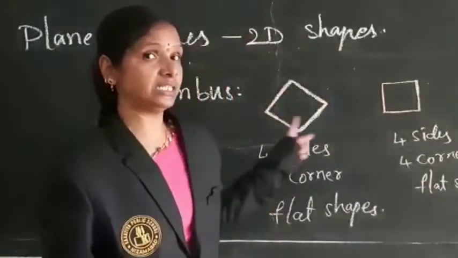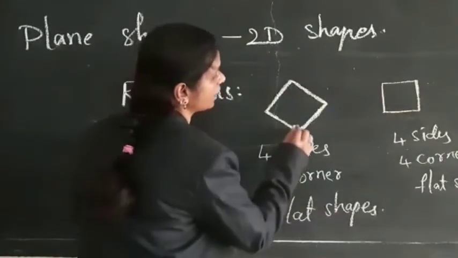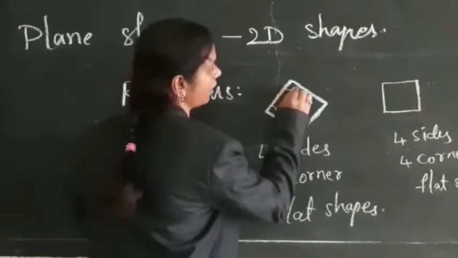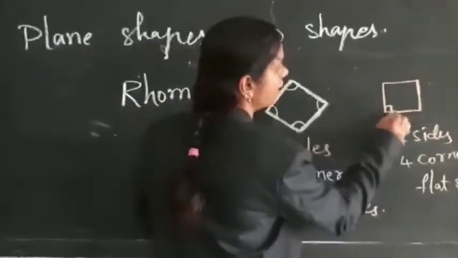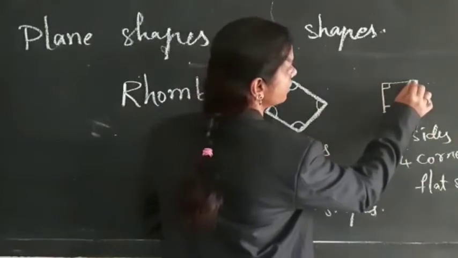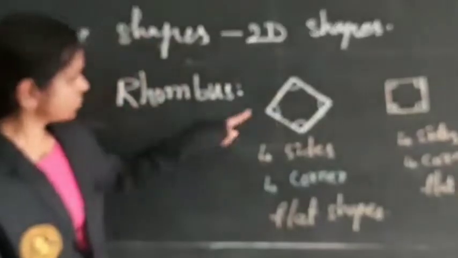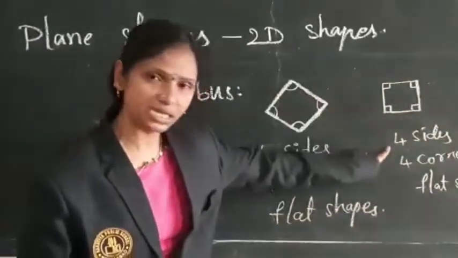But what is the difference between these two? Here you see, the angles are different in the rhombus and in the square. That's the difference between rhombus and square. A rhombus has four sides and a square has four sides.